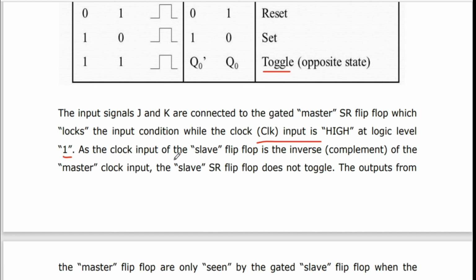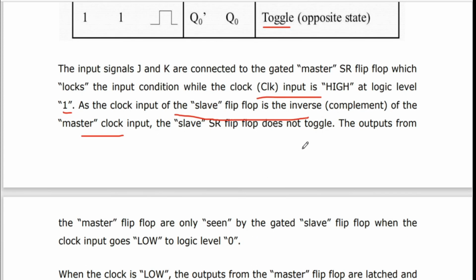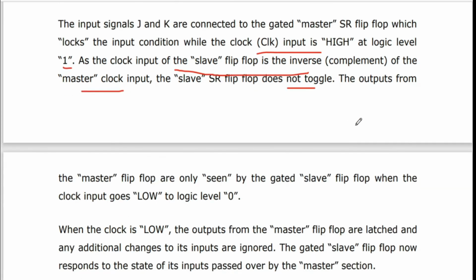As the clock input of the slave is the complement of the master clock input, the slave flip-flop does not toggle. Why? Because it is receiving a negative clock pulse, so the flip-flop will never toggle at a given point of time.